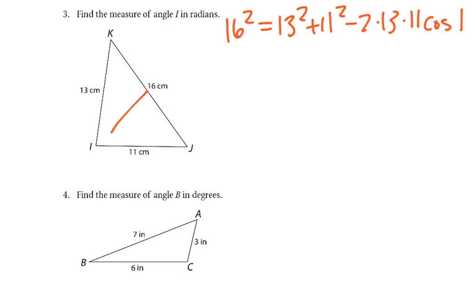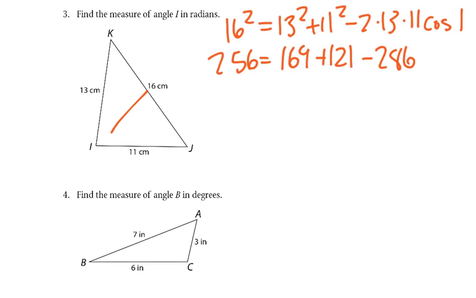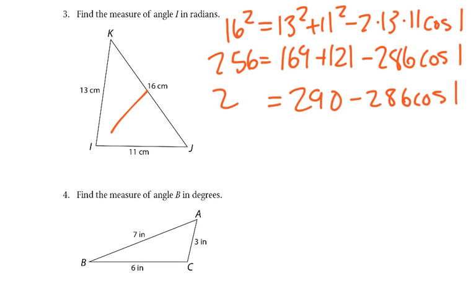16 squared is 256, just double checking myself. Then 169 plus 121 minus 2 times 13 times 11, so 286 cosine of I. So 169 plus 121 is 290 minus 286 cosine of I equals 256.